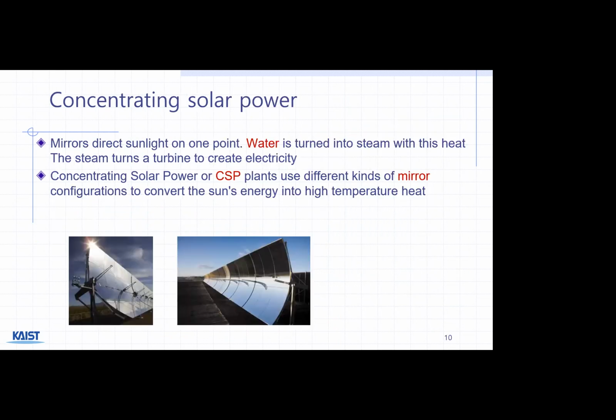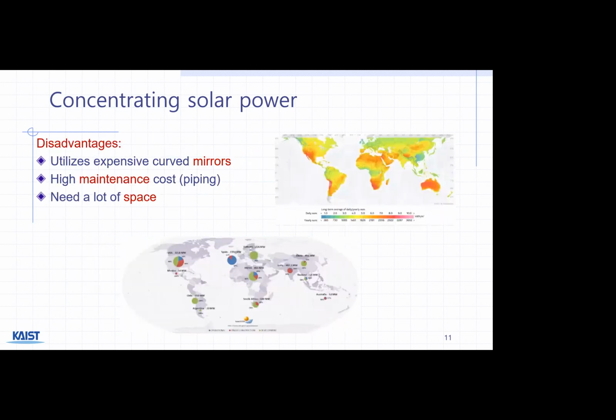Next, we have concentrating solar power technology. Mirrors concentrate sunlight onto a single point, where water is turned into steam and used to generate electricity through a turbine. This technology has the disadvantages of high cost.